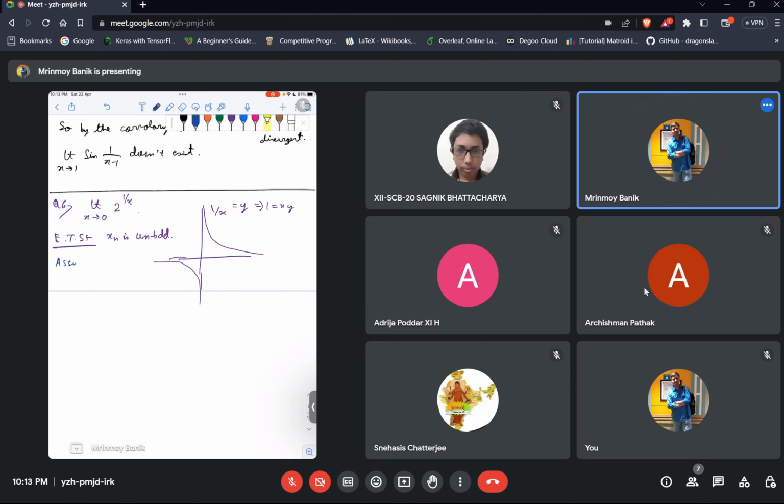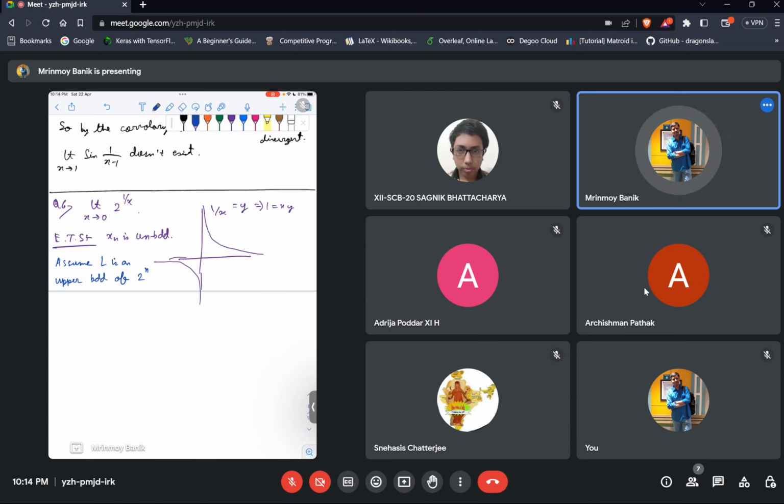So assume L is an upper bound. 2 to the power n basically, so it's like 1 by x tends to infinity, right?